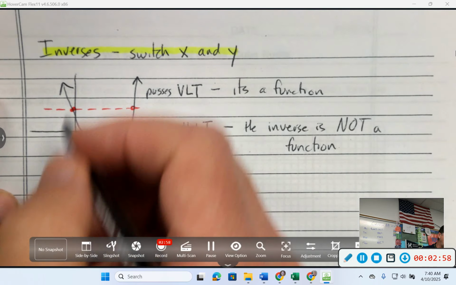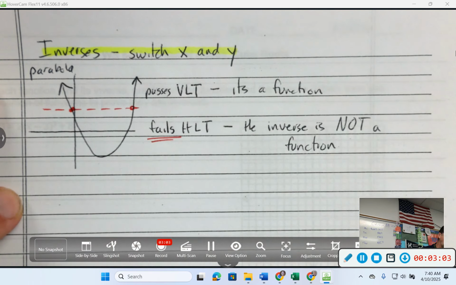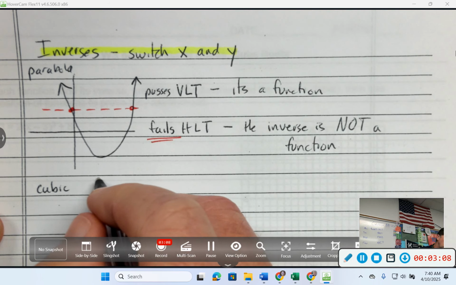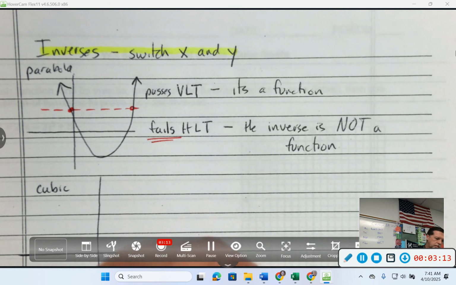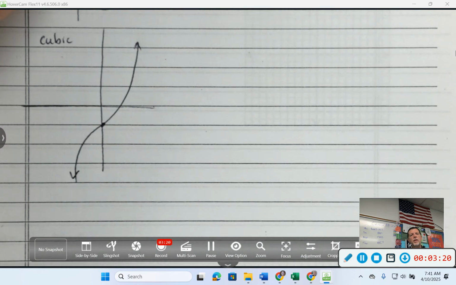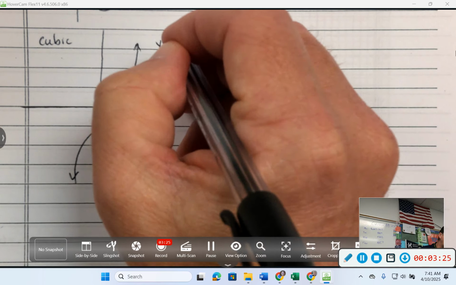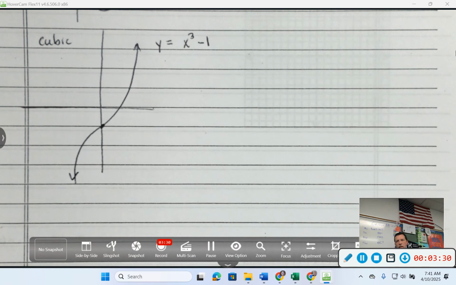That's a quadratic or a parabola. Let's look at a cubic. Something like that. You might even call that x cubed minus 1. It's not just x cubed, it's been shifted down 1.